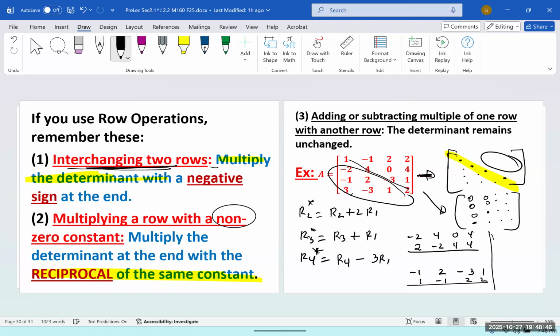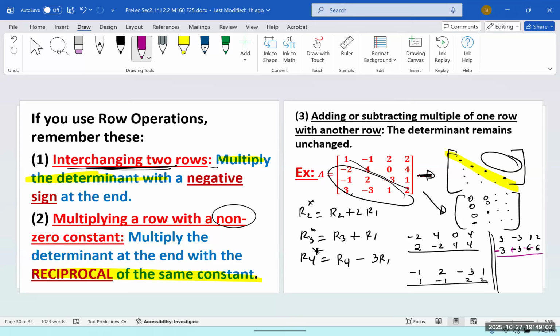And lastly, the last line, 3, negative 3, 1, 2. And we are doing what? 3 times row 1: negative 3, 6, 6. And when you subtract, the sign changes.